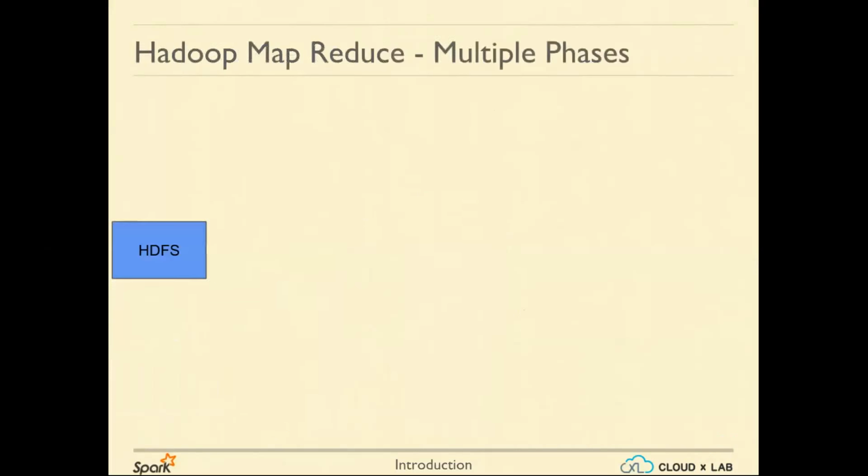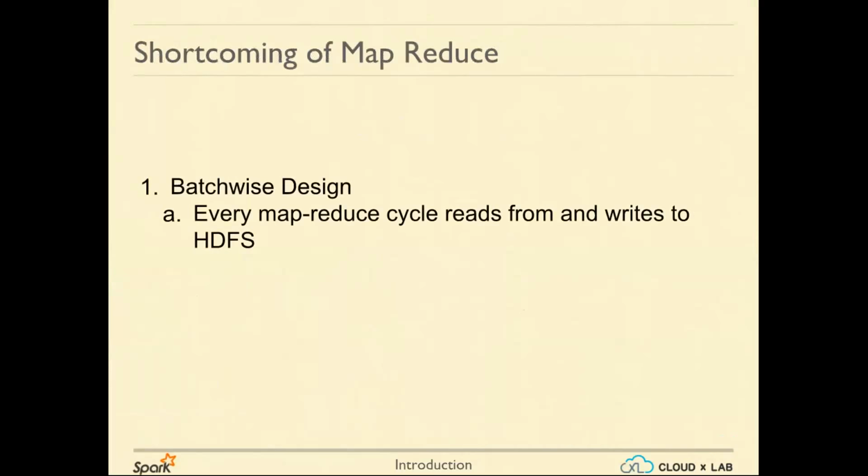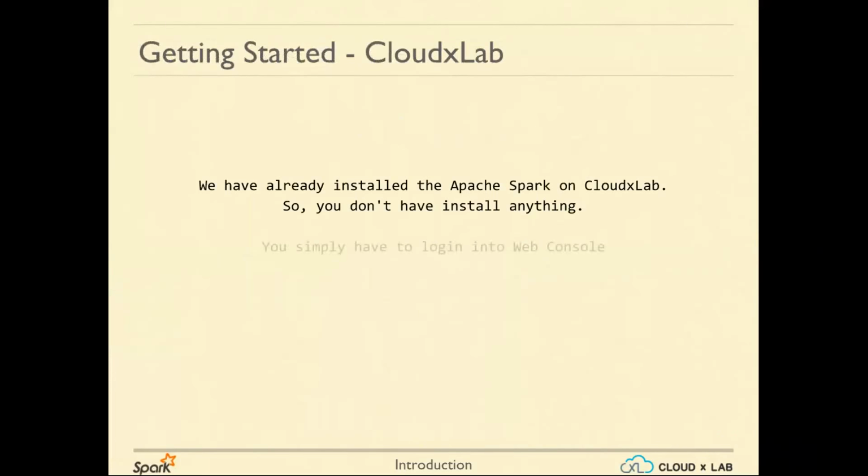One of the reasons was that Hadoop MapReduce has jobs, and each job basically reads and writes data to HDFS. That was one of the reasons, but there are many more reasons.